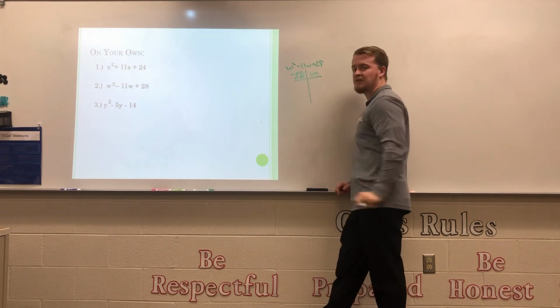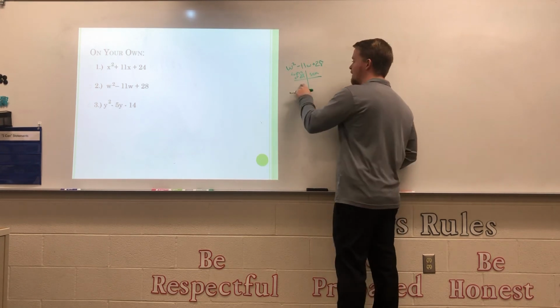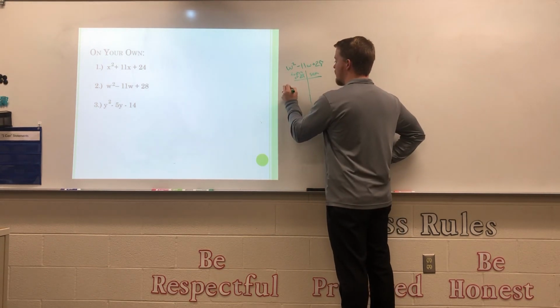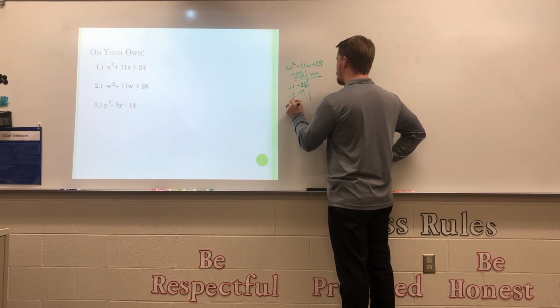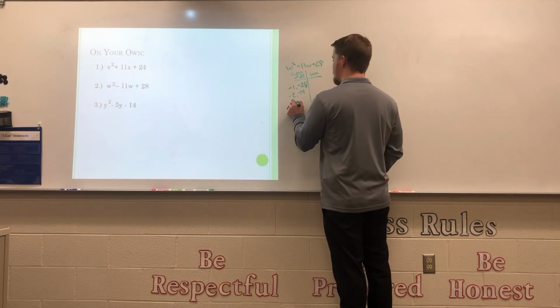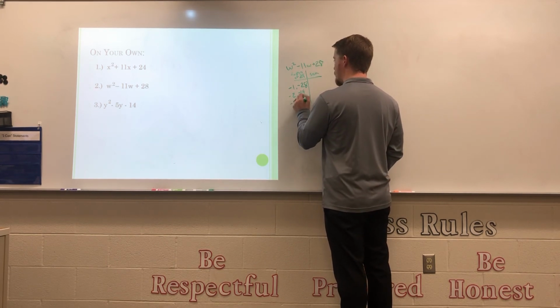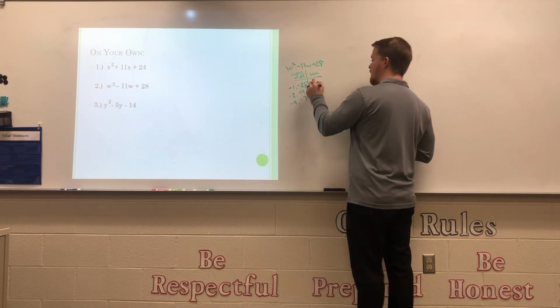Negative b, positive c tells you you need two negative numbers for your factors. So factors of 28, negative 1, negative 28. Negative 2, negative 14. Negative 4, negative 7.